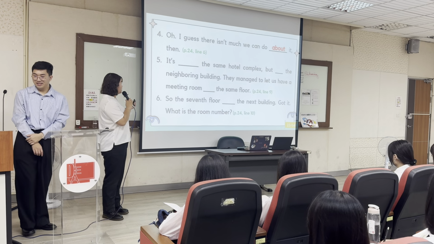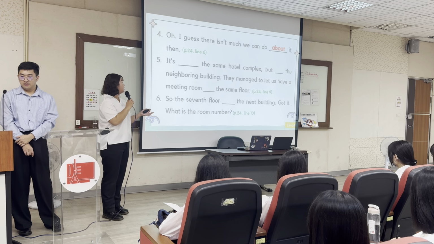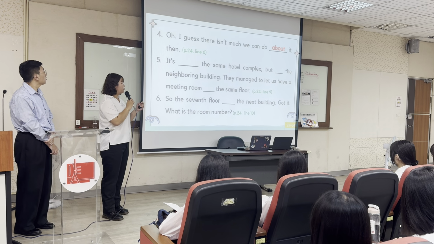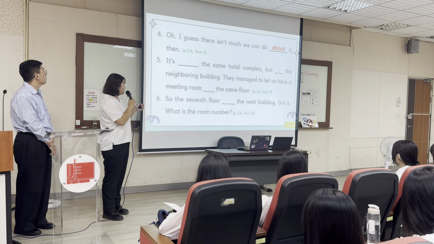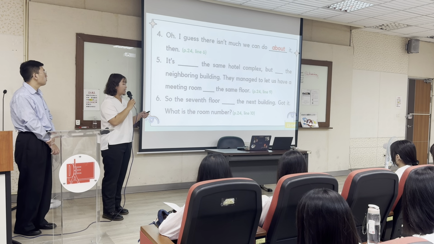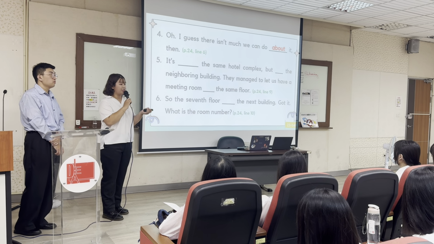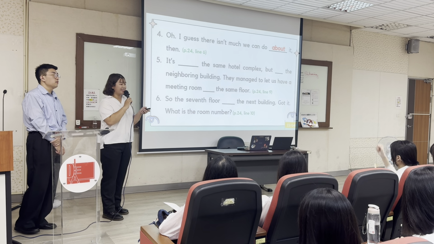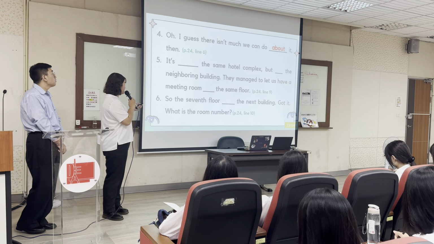Okay, the next question, we have 3 blank spaces. So let's take a look. It's the same hotel complex, but the neighboring building, they managed to let us have a meeting room, the same floor. Okay, the first blank space. 3, 2, 1. Yeah, the answer is within.